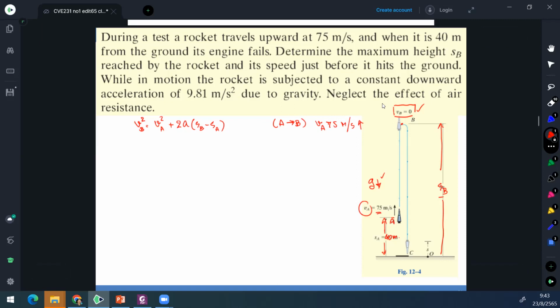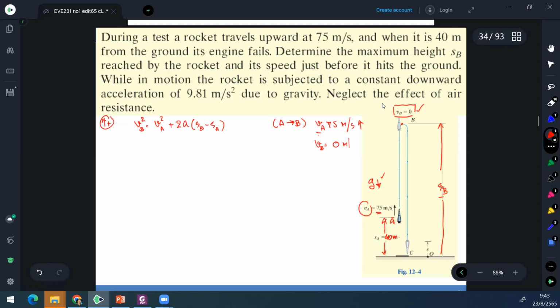Normally we will use the positive direction following the initial velocity. Right now, the initial velocity for this case is VA, which goes up, so we set up upward as the positive direction when we determine the motion in the period of A to B. And VB, we know that it is at the maximum height.